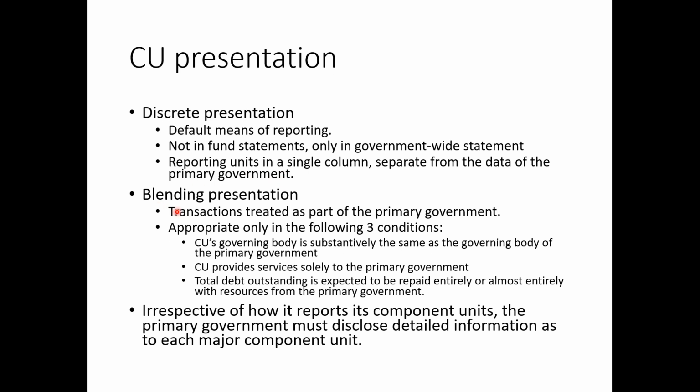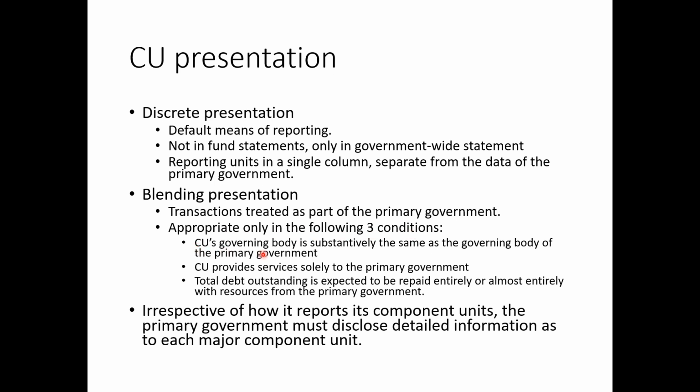And for blending presentation, we're going to treat transactions of the component unit as part of the primary government because they're so closely connected. So how do we determine whether we're going to use blending? These conditions must be met.